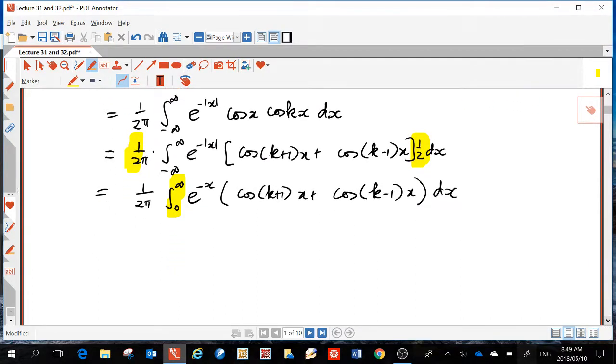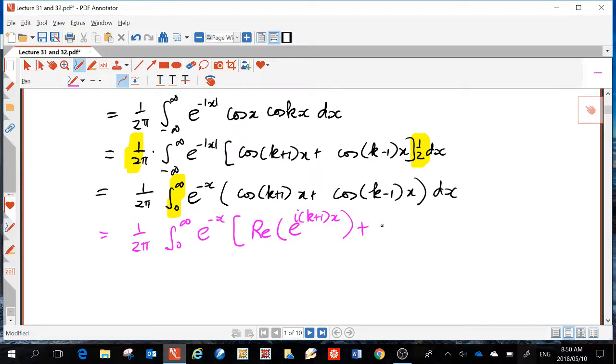Now from here, the game is played slightly differently. We can now invoke this idea of principal value, and the cosine (k plus 1) we should realize is the real part of a certain exponential function. So this is 1 over 2 pi integral 0 to infinity e to the minus x. The cosine (k plus 1)x is the real part of e to the i(k plus 1)x.